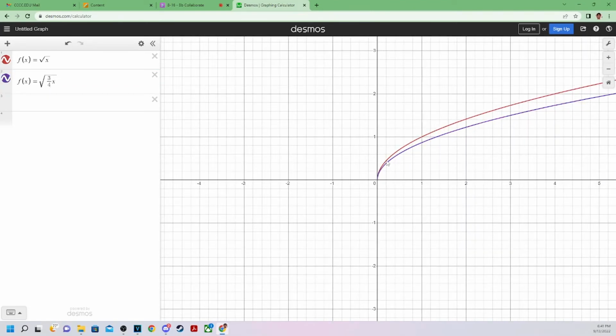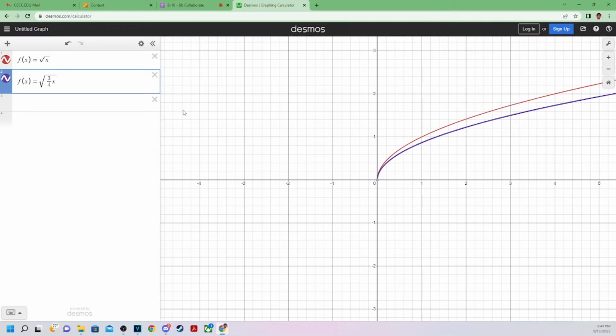Let's take the point on square root of x. Let's do 1, 1, which is over here. Well, 1, 1 is now going to be moved to 0.866, around there. And that's because we're doing the square root of 3 divided by the square root of 4 as well. So that's square root of 3 over 2. And that's the reason why our output for 1 looks very strange.